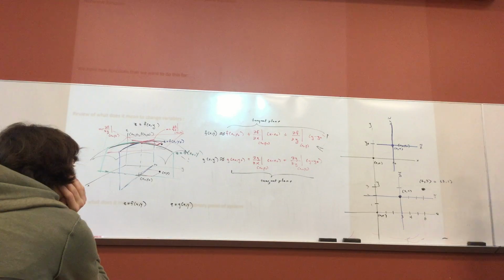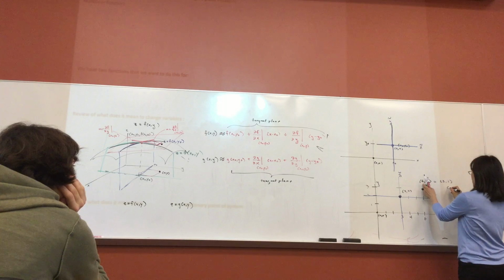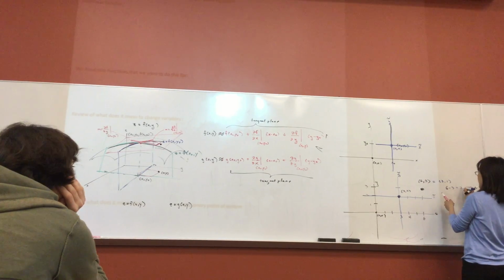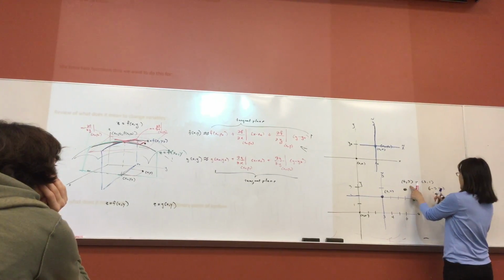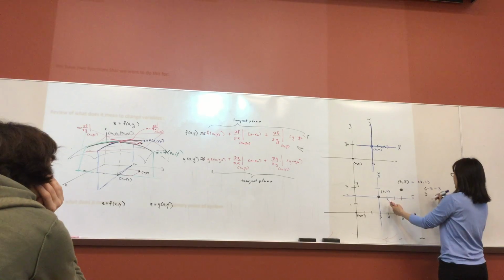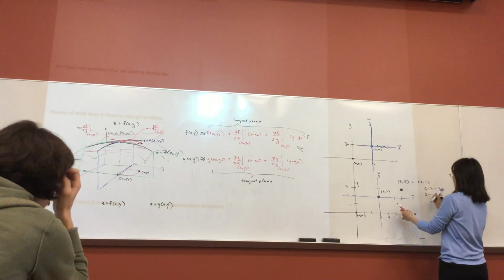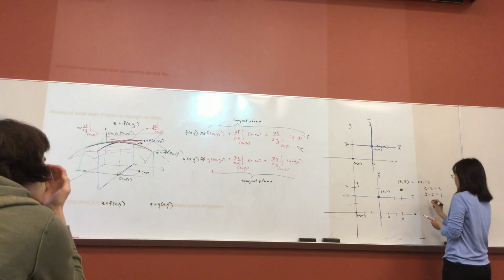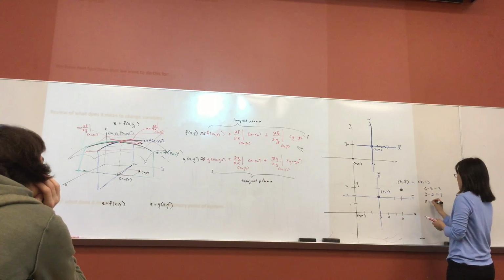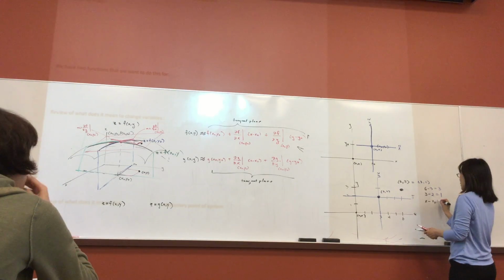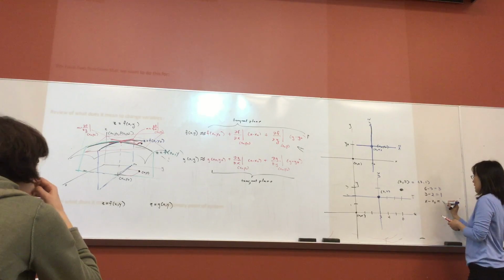Does everybody see the relationship? It's actually 6 minus 3 equals 3, right? And then you have 3 minus 2 equals 1. So you have your x coordinate, you subtract the x naught, and what you get is the x tilde.